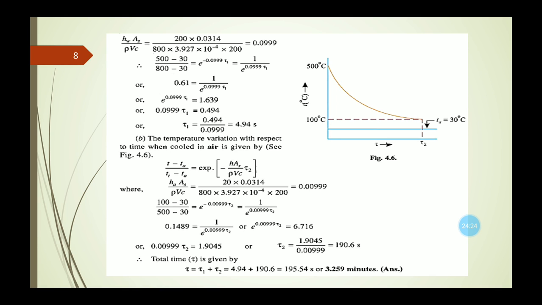So the total time required is tau 1 plus tau 2, that is 4.94 plus 190.6, so the total time equals 195.54 seconds. So this is 3.259 minutes.